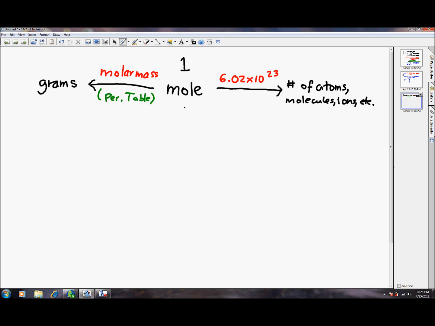Now, one more that we haven't discussed yet is we can relate a certain number of moles to a certain number of liters of gas. Now, this is not liquids or solutions.